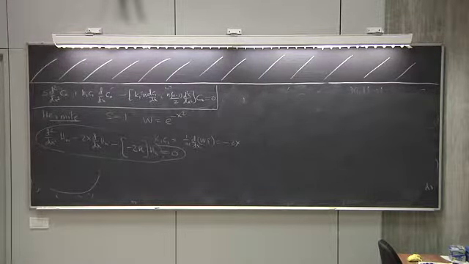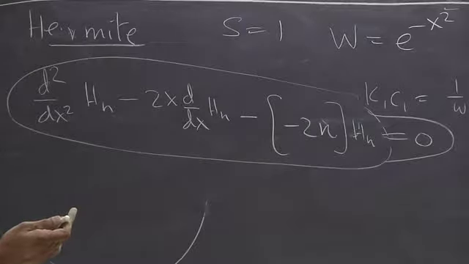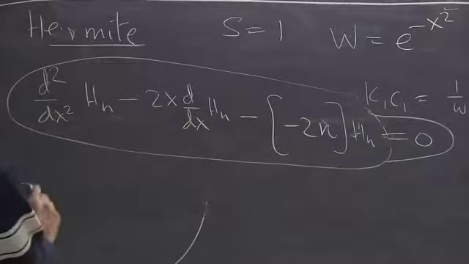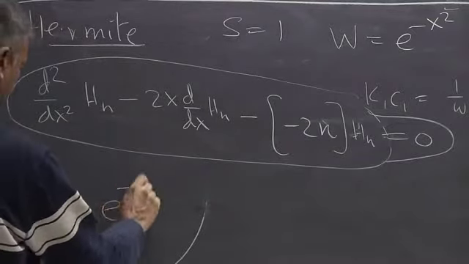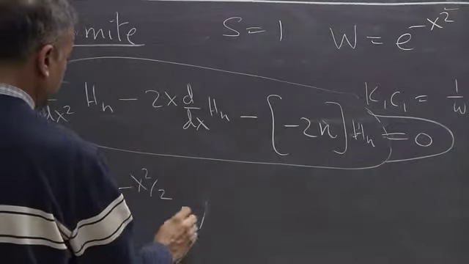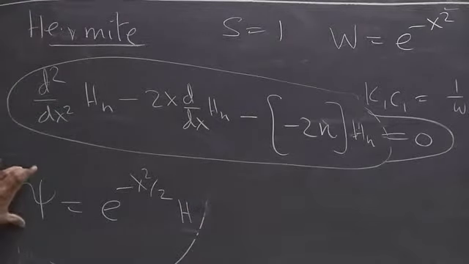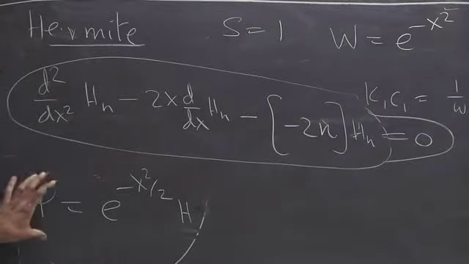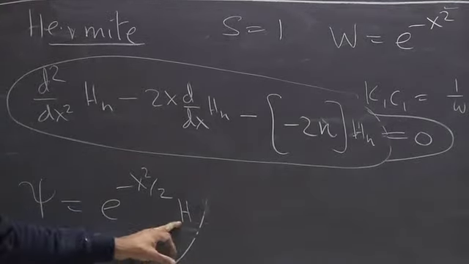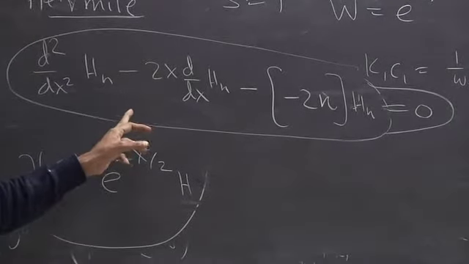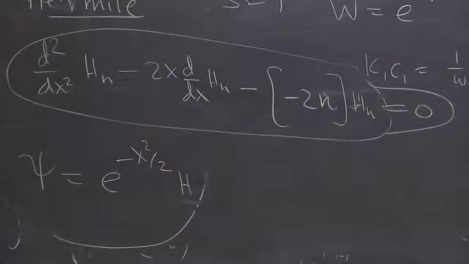I think there you started with the harmonic oscillator Schrodinger equation, and you write the wave function psi as e to the minus x square by 2 times Hn. So you start with the differential equation for the harmonic oscillator, and when you substitute psi, you get a differential equation for H, which happens to be the same as that.